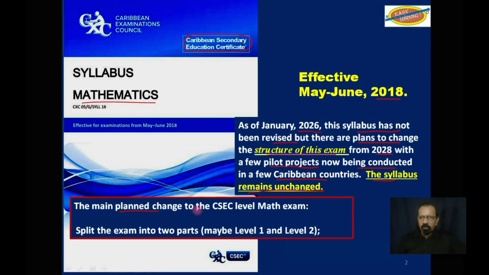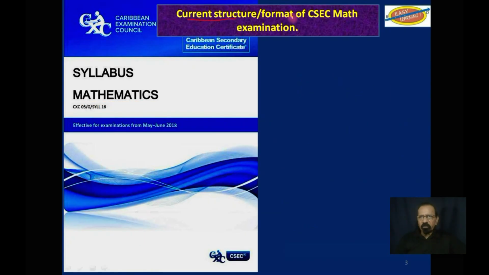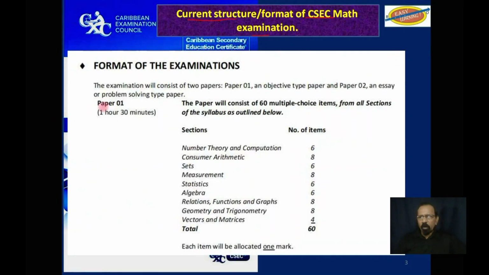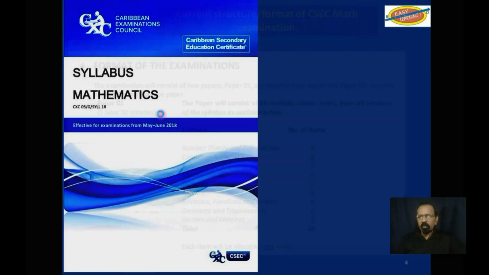The main planned change to the CSEC level math exam is to split the exam into two parts. This is the current structure of the CSEC math exam. There is a paper 1, 1 hour 30 minutes, made up of 60 multiple choice questions from all sections of the syllabus as shown below.